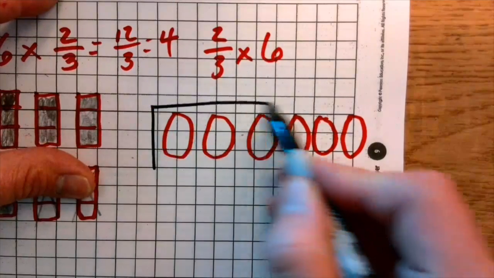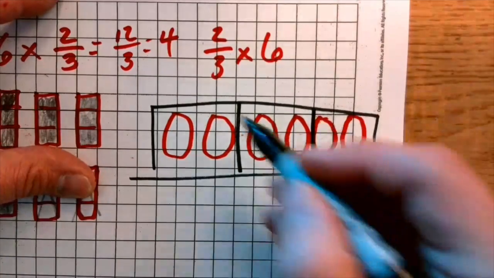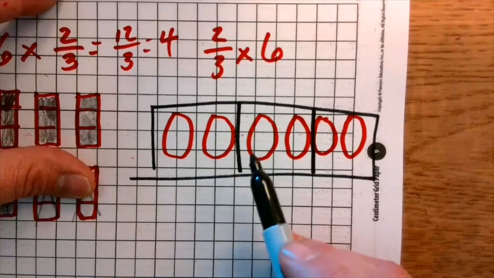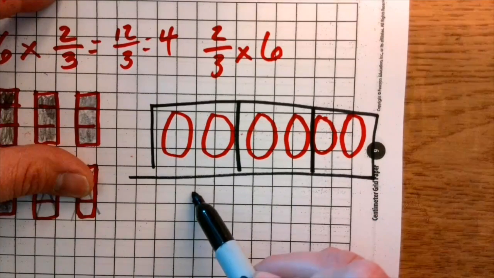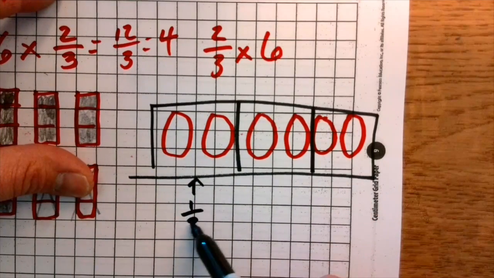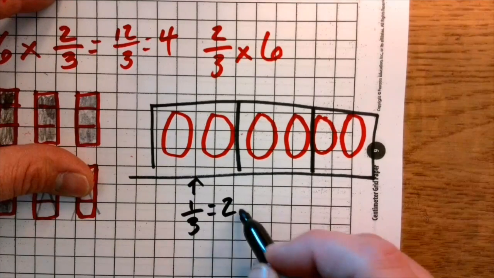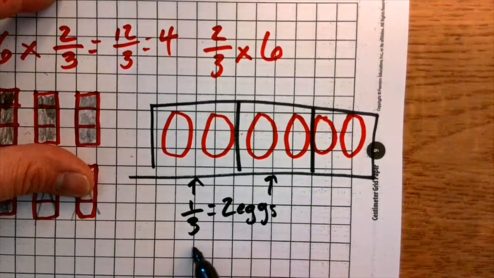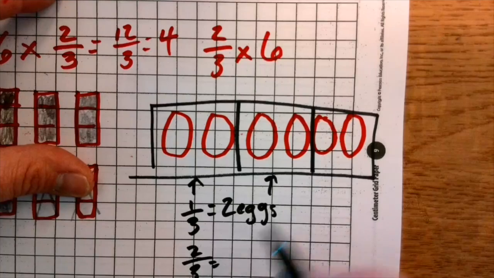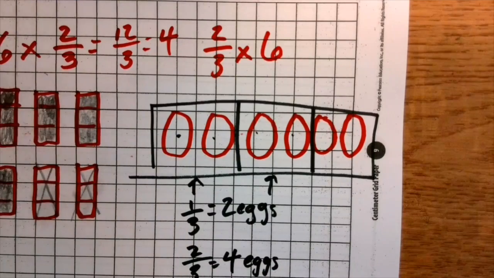So then the kids put them into 3 equal groups where there's 3 groups with 2 eggs in each. And in this 1/3, one of the 3 groups, there's 2 eggs. And then in this group, that will be 2 of the 3 groups. There's 1, 2, 3, 4. There's 4 eggs.